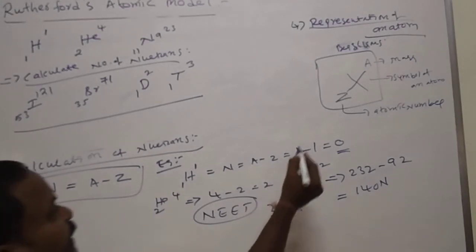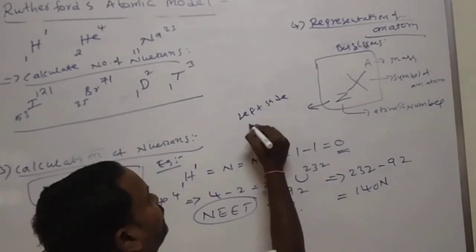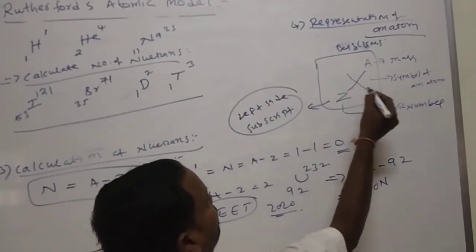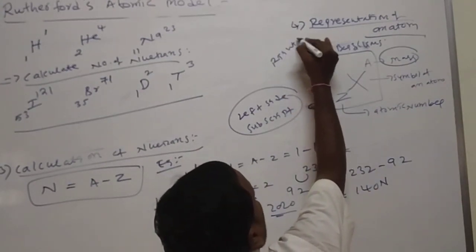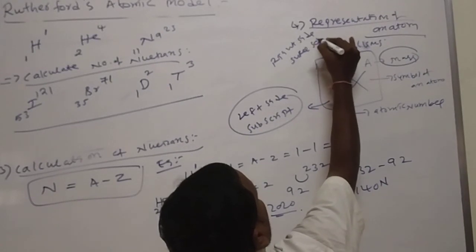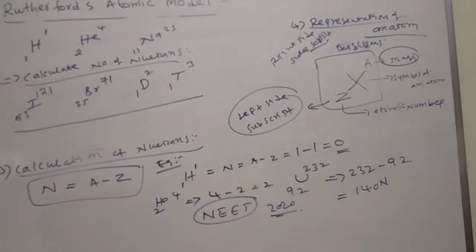Z is the left side subscript and A is the right side superscript. This we call the Berzelius representation of an atom. Calculate these numbers of neutrons. Okay, thank you.